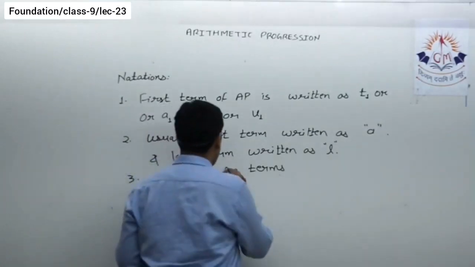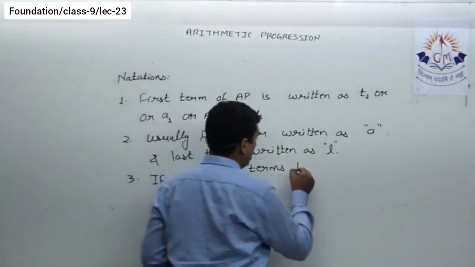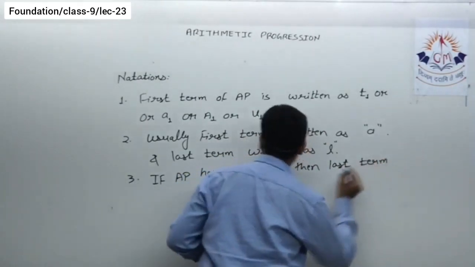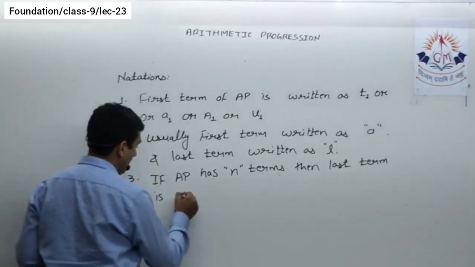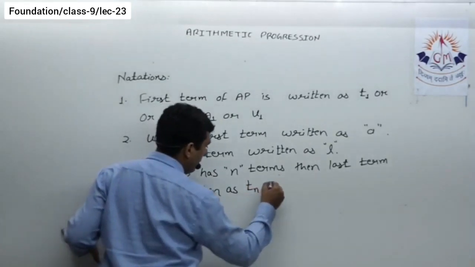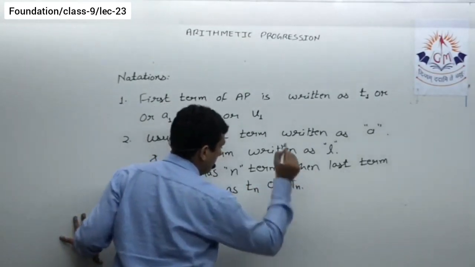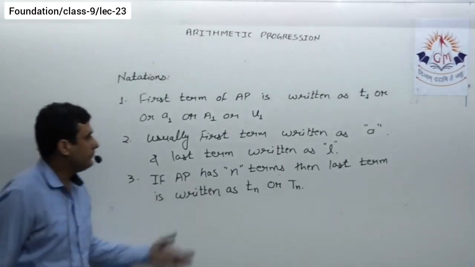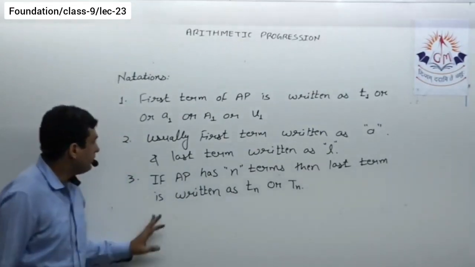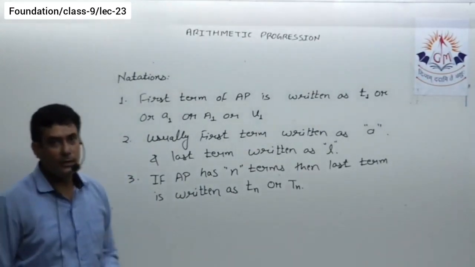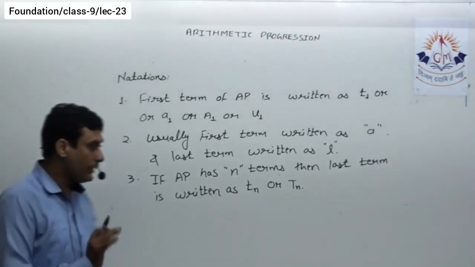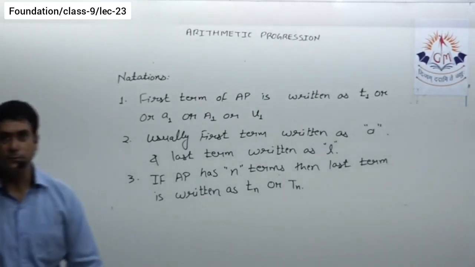So suppose AP has n terms, then the last term is written as Tn, or An, small an or capital An. So these are the notations that we use throughout the arithmetic progression. So note it down, then we see the very first concept of this arithmetic progression.